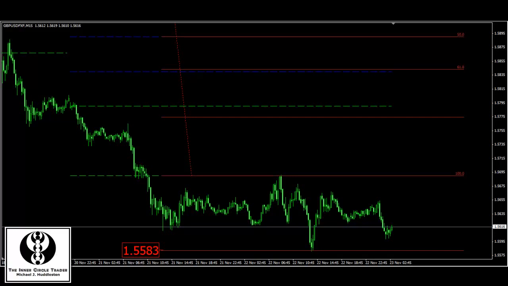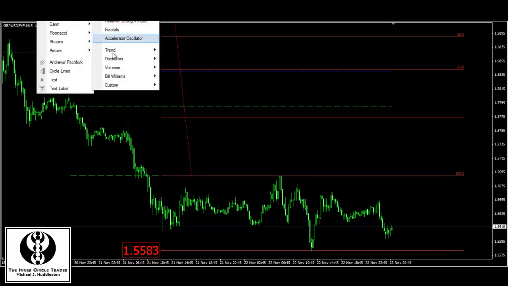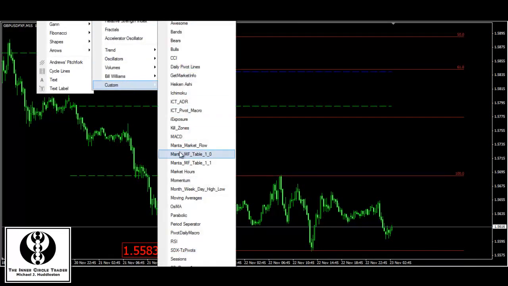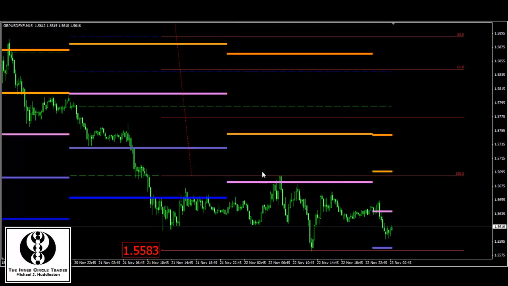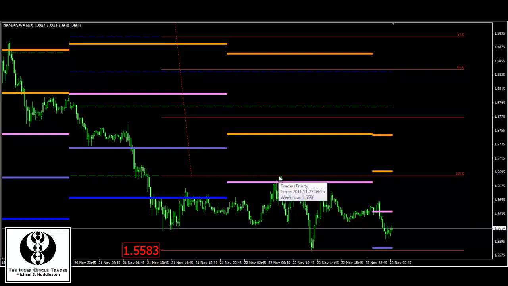Now, real quick, let's throw this in here. I know you guys like to have your pivots on, and you can see how price trades back up into the central pivot. So we had confluence of central pivot, previous week's low, and a key resistance level based on higher time frame support broken, now traded back up to as resistance.